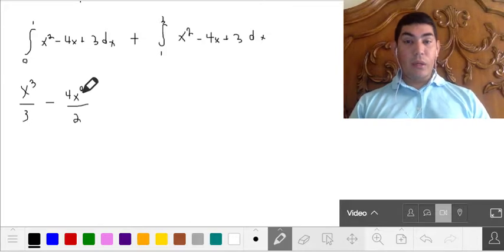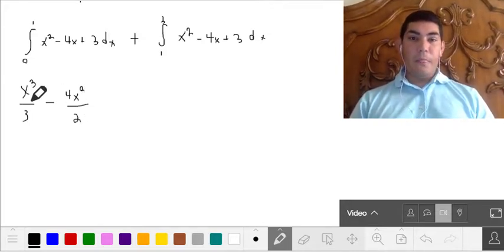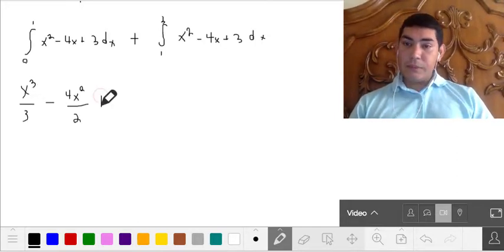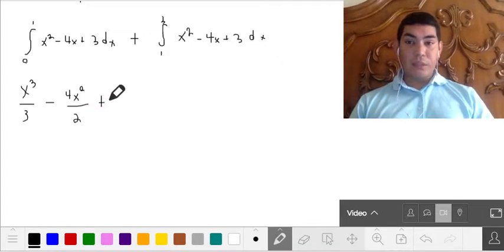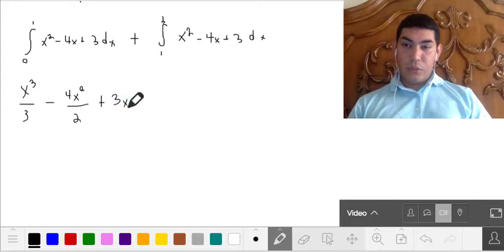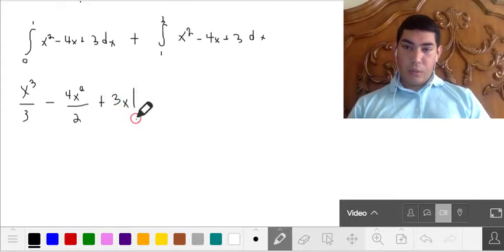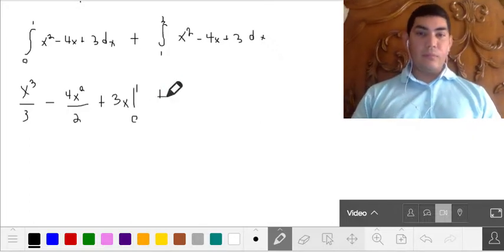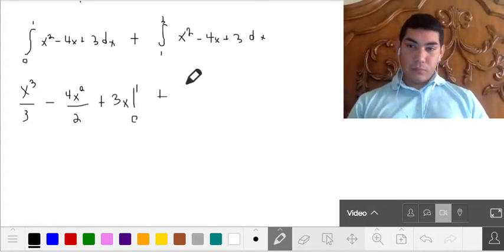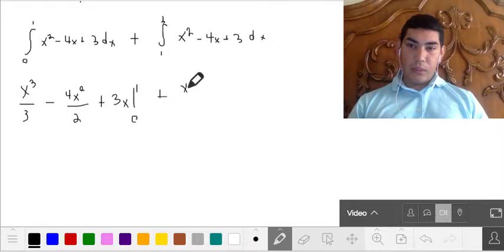So that's why I wrote x squared now and divided by 2. The same thing happened with the x cubed divided by 3. Plus, since 3 is a constant, then it just has 3x. So here we're going to look at between 0 to 1. The next integral is exactly the same, but our boundaries change to between 1 and 3.